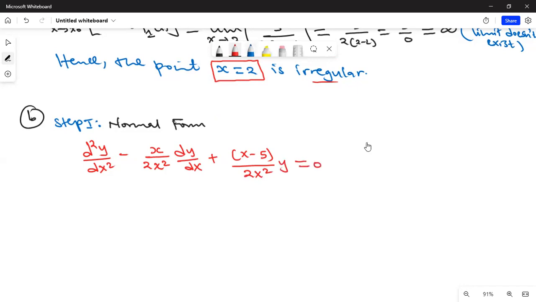So that's the normal form, and from here you can find your functions p1 of x and p2 of x. So let me write this here so that I can also take it together with that function. So this one here is our p1 of x, and this other one is our p2 of x.